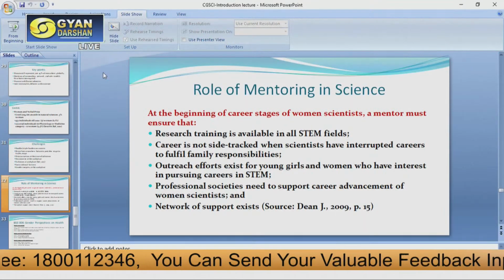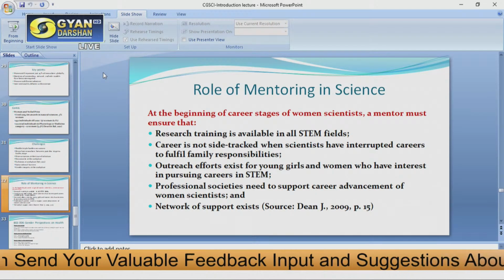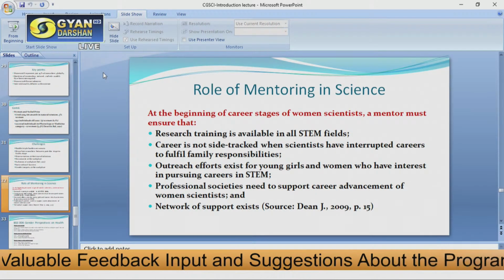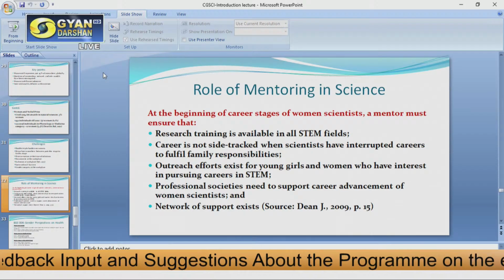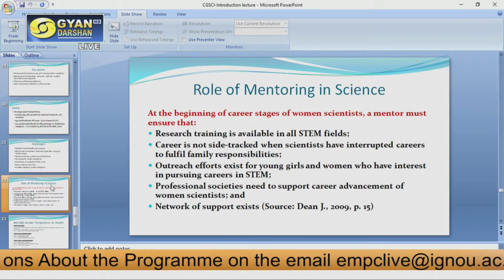So here, research training should be available in all disciplines. Careers should not be sidetracked when scientists have interrupted careers to fulfill family responsibilities. Outreach efforts should exist for young girls and women who have interest in pursuing science.